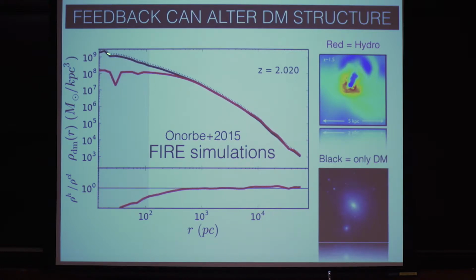What's plotted in black is the dark matter density structure if you run the same simulation with dark matter only, and red is if you run it with full hydrodynamics. You see that the red line is lower than the black line, and in fact it's bopping around.